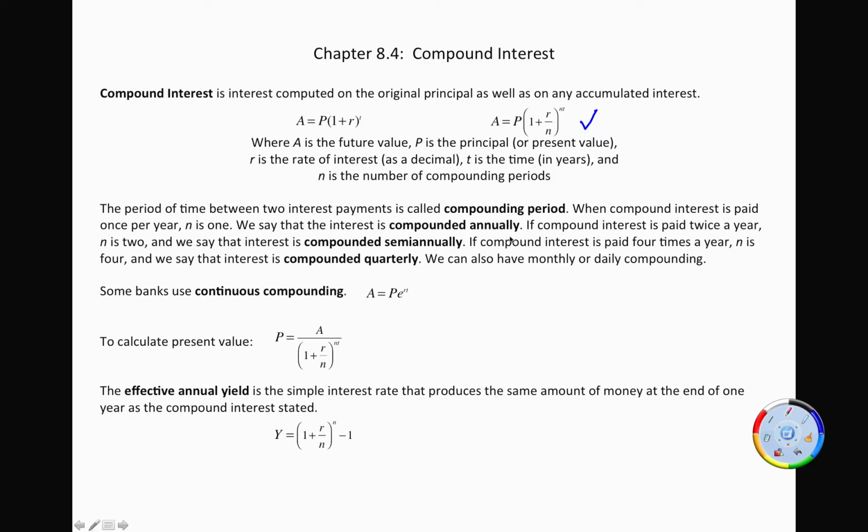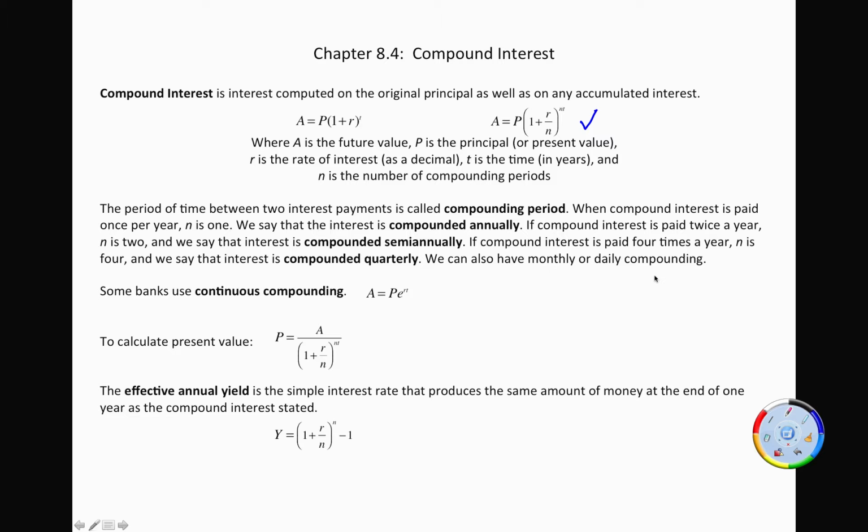If compound interest is paid twice a year, N is 2, and we say the interest is compounded semi-annually. If the compound interest is paid 4 times a year, N is 4, and we say the interest is compounded quarterly. Okay, we can also have monthly or daily compounding. Of course, if it's monthly compounding, N would be 12.